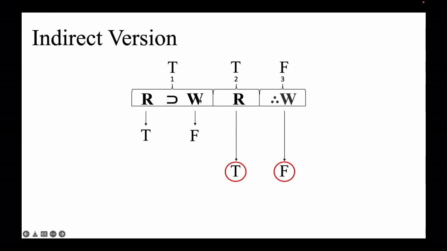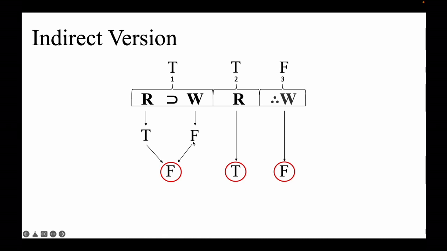Remember that, once again, a conditional statement is false only as a result of one particular combination. The combination is only this one, where the antecedent is true and the consequent is false. And that renders the conditional statement false.